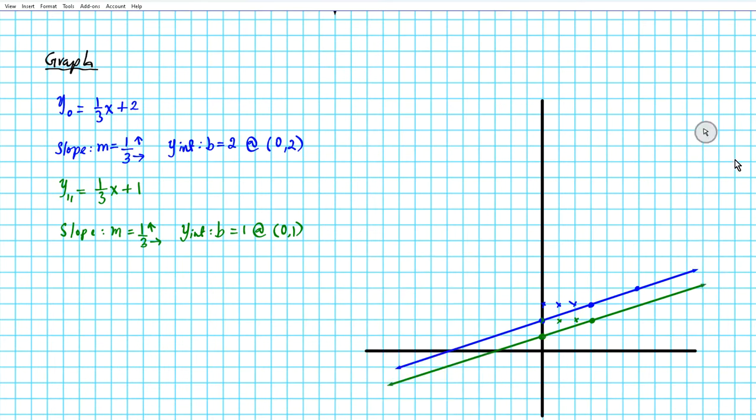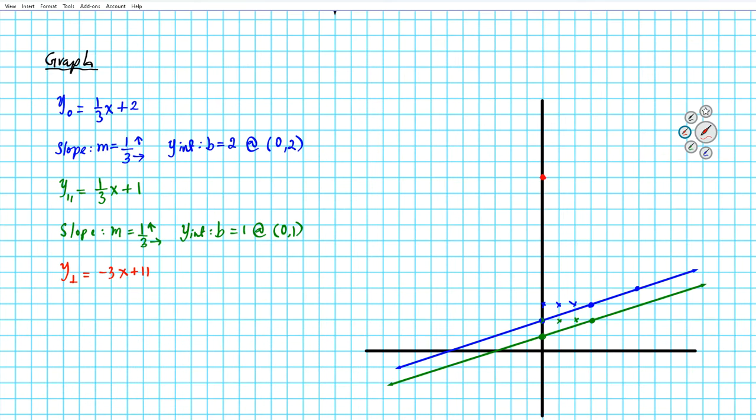And then the last one, we have y perpendicular. Let's make it red. Y perpendicular is -3x plus 11. All right, so we start at 11: 1, 2, 3, 4, 5, 6, 7, 8, 9, 10, 11.